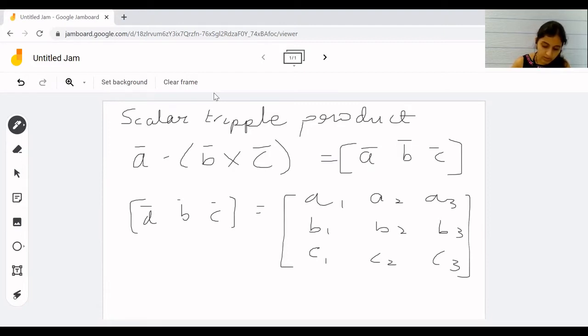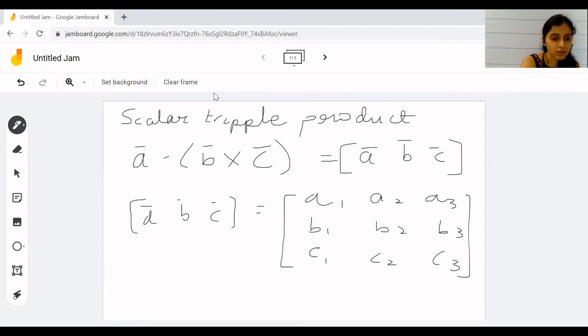First property is that if the order of A bar, B bar, C bar is changed cyclically, then the value, that is the determinant of A1, A2, A3, B1, B2, B3, and C1, C2, C3 in box, remains the same.